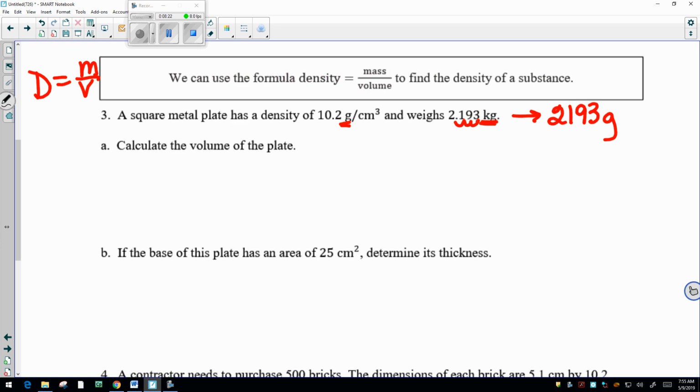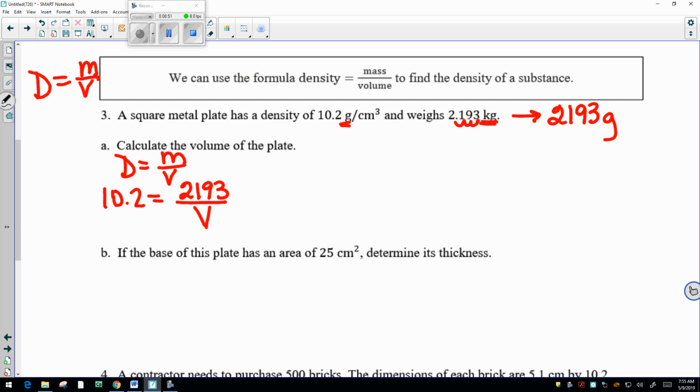Now it says we have to calculate the volume. Okay, so in order to find volume, I need density, I need mass, we have those, and I plug it into that D equals M over V formula. So we have a density of 10.2 is equal to our mass, and the mass, remember, we want in grams so that I can keep our units all the same, divided by volume, that's what we're trying to find.